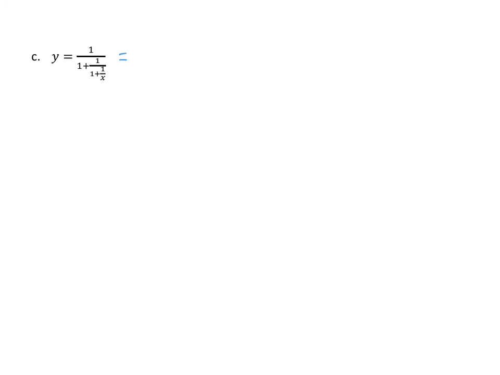So let me talk through that. All of this stuff here, I'm going to bring to the top and put a negative 1 exponent on the whole thing. And that would be 1 plus 1 over 1 plus 1 over x, all to the negative 1.